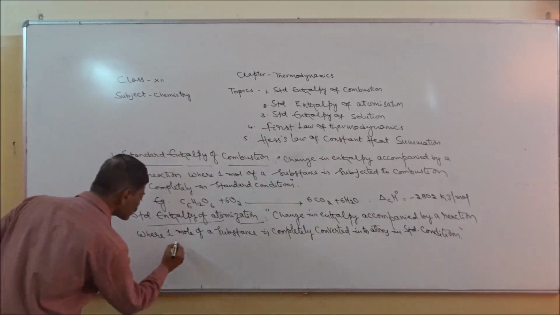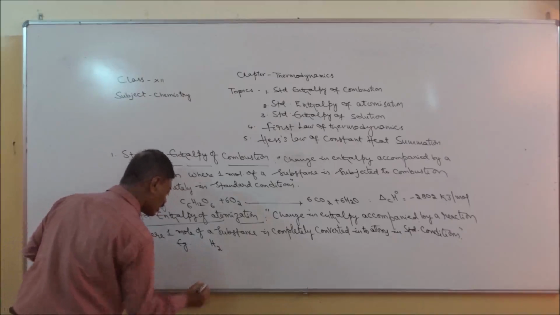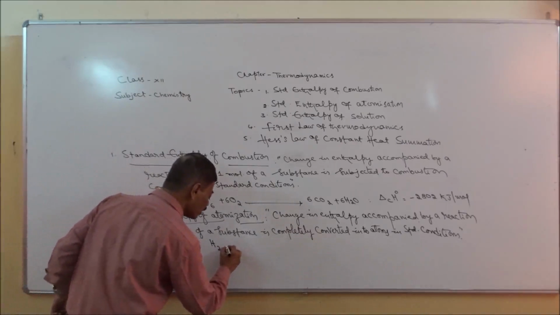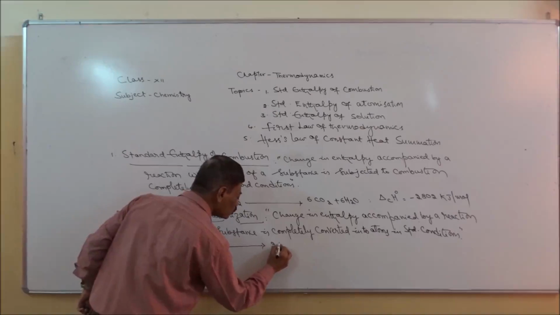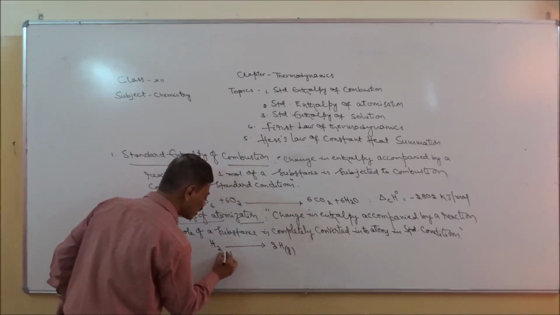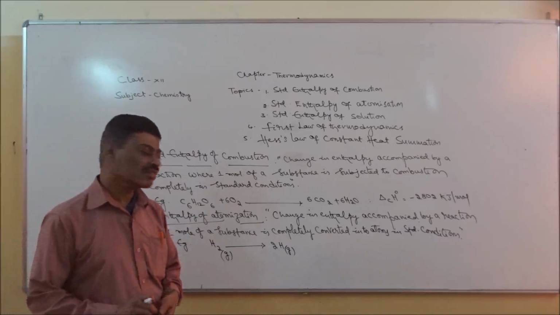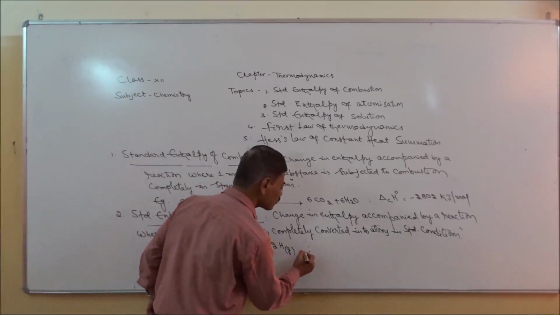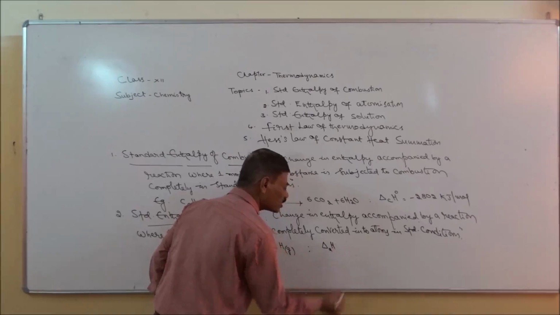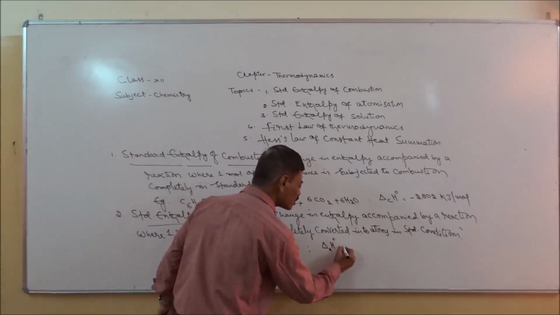So here, best example for this, as I told you, hydrogen gas we can take. Here physical states, if we want, we can write. And this is converted into 2 moles of hydrogen atoms. And standard enthalpy of atomization is symbolically represented by delta A for atomization, H for enthalpy. And if you write superscript 0, that stands for standard.